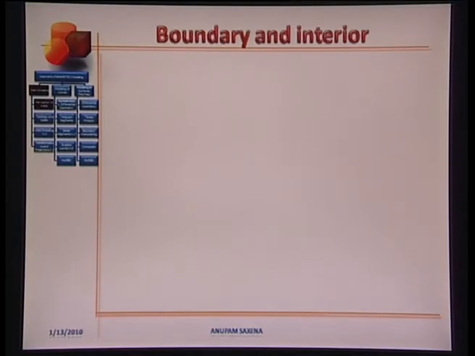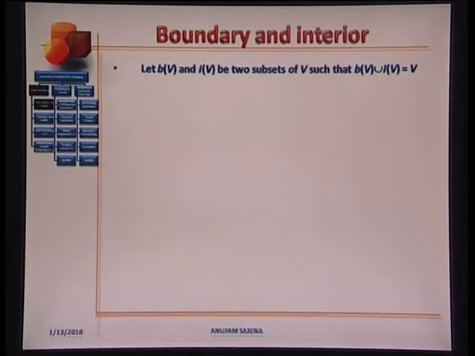Let's now try to understand the two terms, boundary and interior, for a solid. Let BV and IV be two subsets of V such that the union of BV and IV equals V. V is a set of all points that define a solid.